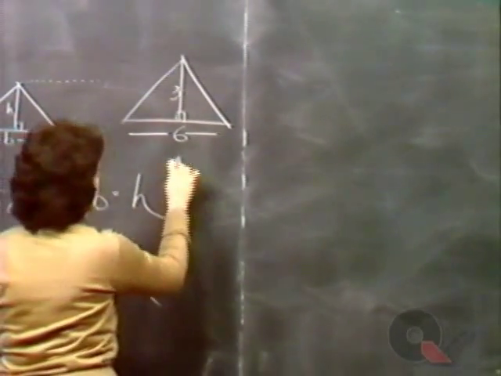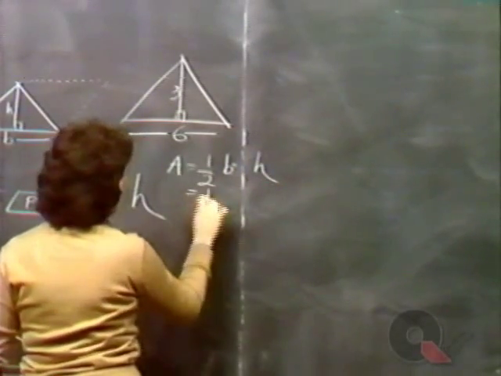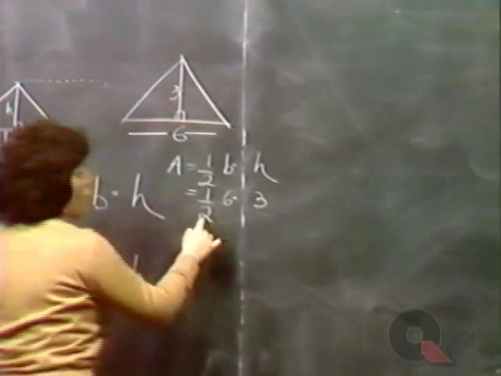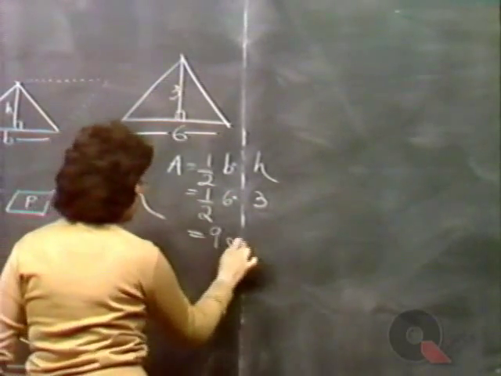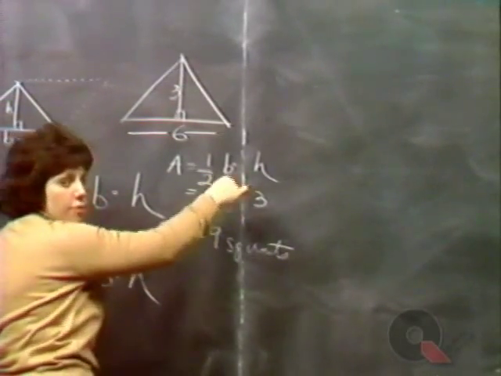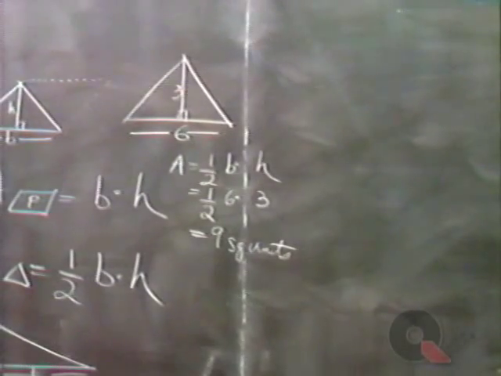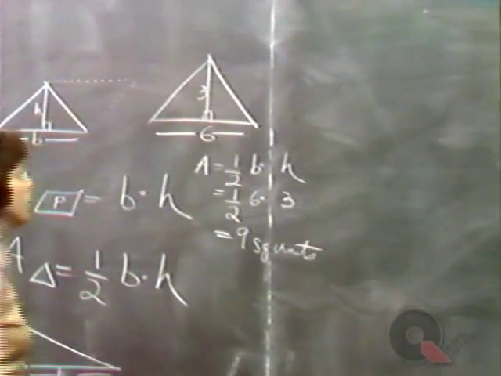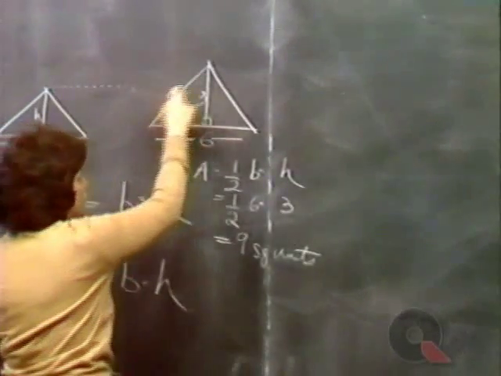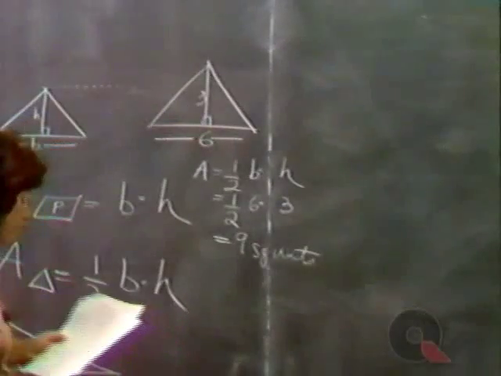The area is therefore 1/2 base times height, 1/2 times 6 times 3, 1/2 of 18, or 9 square units. You could have also said 2 into 6 goes 3, and 3 times 3 gives you 9 square units. By the way, at this point, we do not have enough information to figure out the perimeter of this triangle. It is not obvious what the other sides are. We can get the area, but not the perimeter in this problem.